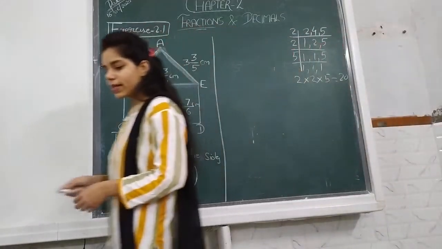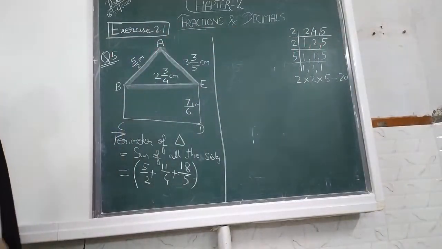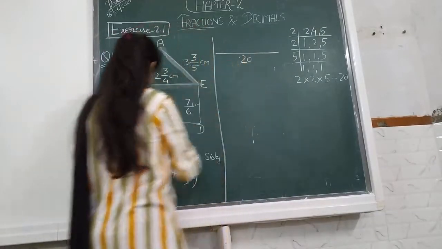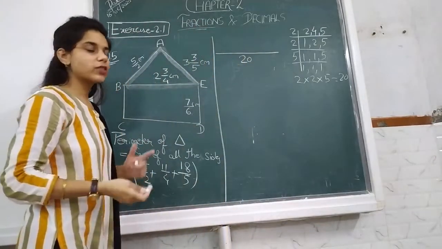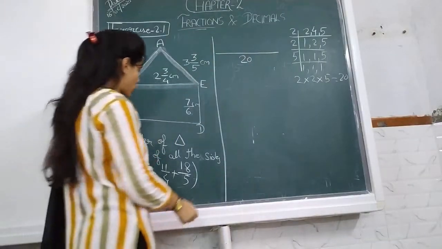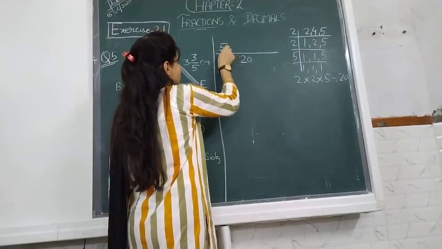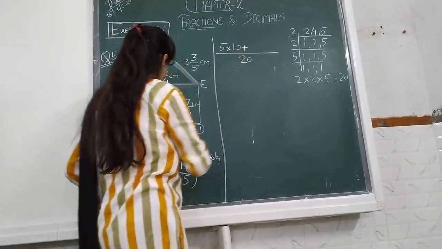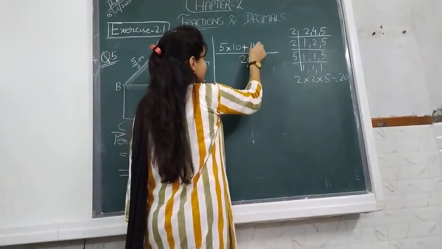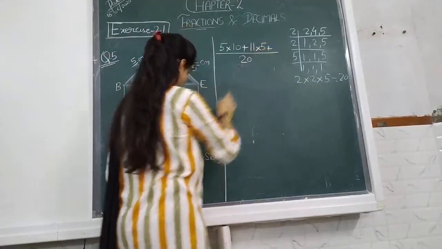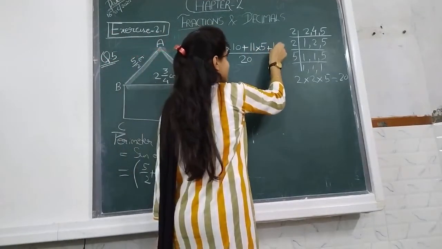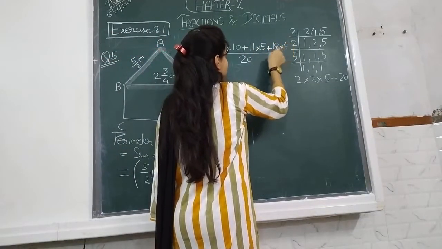So 20 will be the LCM. Now you can put here 2 tens are 20, so multiply that 10 with 5. So 5 into 10 plus 4 fives are 20, so multiply that 5 with 11 plus 5 fours are 20, so multiply that 4 with 18.